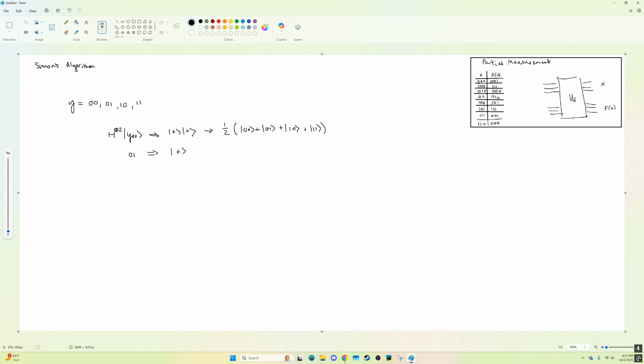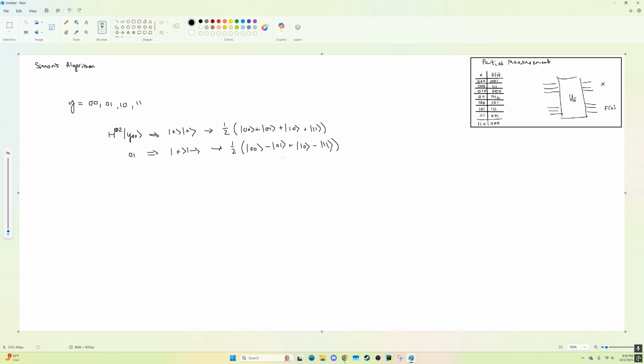That gives us the plus and the minus state. And if we expand that, we get 1/2 times |00> minus |01> plus |10> minus |11>. And now there are negative terms in here. So now we say the coefficients of each of these terms are +1 or -1, and it matters which one's which.